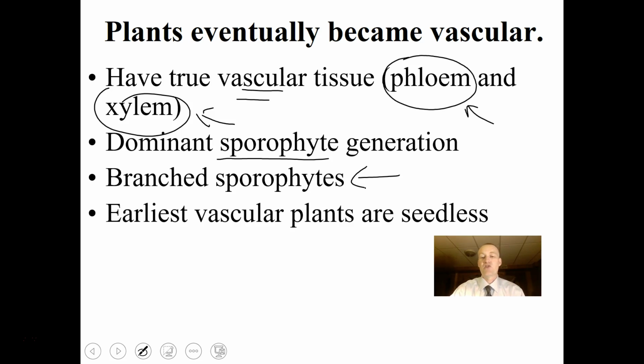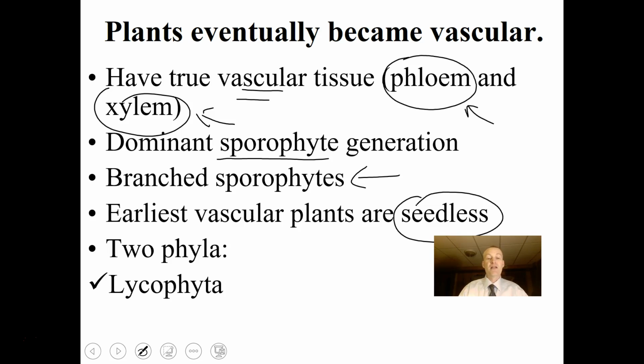The earliest vascular plants are seedless. Okay, so the seed hadn't evolved at that particular time, and there are still seedless vascular plants on Earth today, and we'll look at some of those. There are two phyla of these early non-seed vascular plants that we'll talk about today, and then we'll deal with the more complex vascular plants later on.